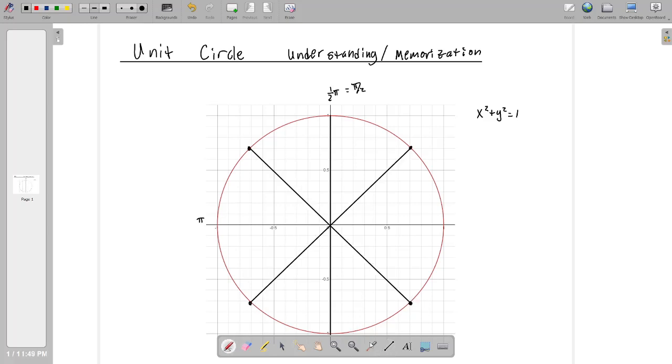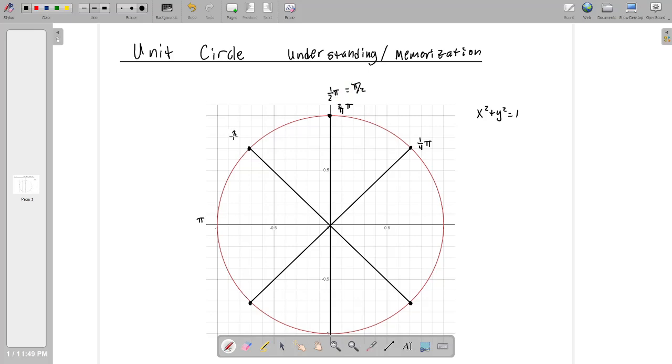I do want to note that I split pi, this pi distance, into 4 equal regions. We have 1, 2, 3, 4, all equal. So we can say that this is actually 1/4 of pi because we split the distance pi into 4 regions. So we have 1/4 of pi. Now this point would then become 2/4 pi, and that should make sense because it reduces to 1/2 pi or pi over 2.